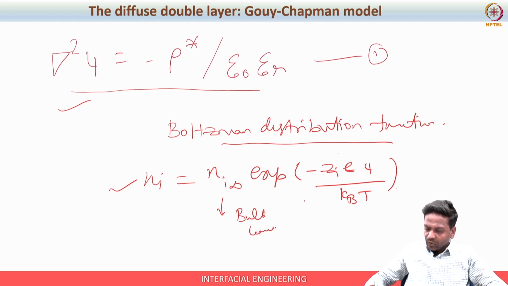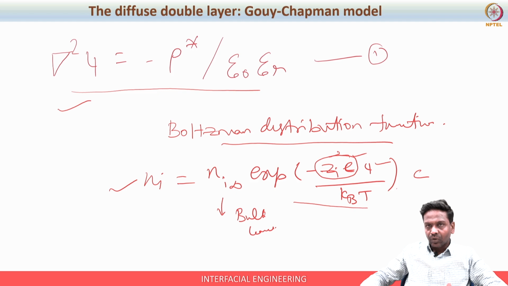Here Zi is nothing but the valence, and e is the electron charge, in terms of Coulomb, and then ψ is the potential. So, Zi e is nothing but Coulomb, and ψ is potential, which we can express as volt.